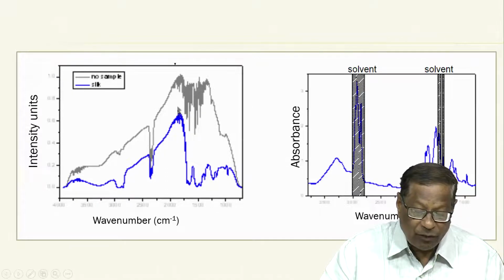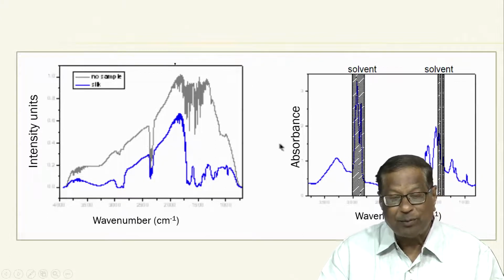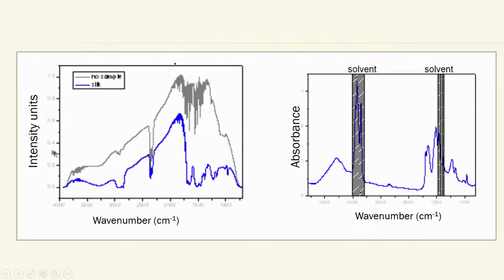When these two are ratioed, what we get is the infrared absorption spectrum. Left side is transmittance and right side is the absorption spectrum. Usually this absorption spectrum also can be taken care of by the FTIR. So this is how the FTIR spectrum looks.